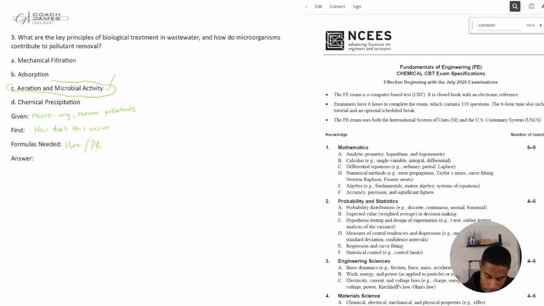It kind of has the answer in the microbial part in there, but I have some notes for you. Biological treatment in wastewater involves the use of microorganisms to break down and metabolize organic pollutants. Okay, so aeration provides oxygen to support microbial activity.